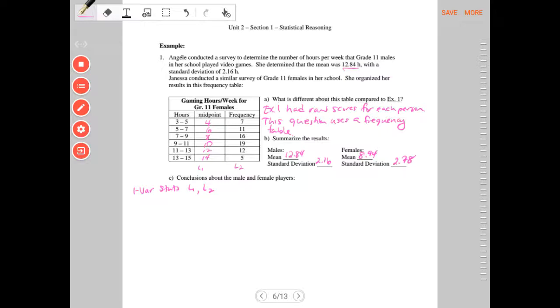Okay, so, what are some conclusions we can make about the male and female players? Well, first of all, males played video games for much longer, approximately 4 hours, than girls did.